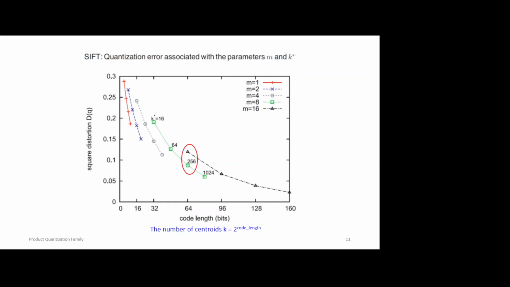With this configuration, how many centroids can we get in total? Each subvector has 256, right? So it's actually 2 to the 8 for each segment. And because we get the total centroids by combining all the segments together, this is the first segment, this is the second segment, in total you have 8 segments.